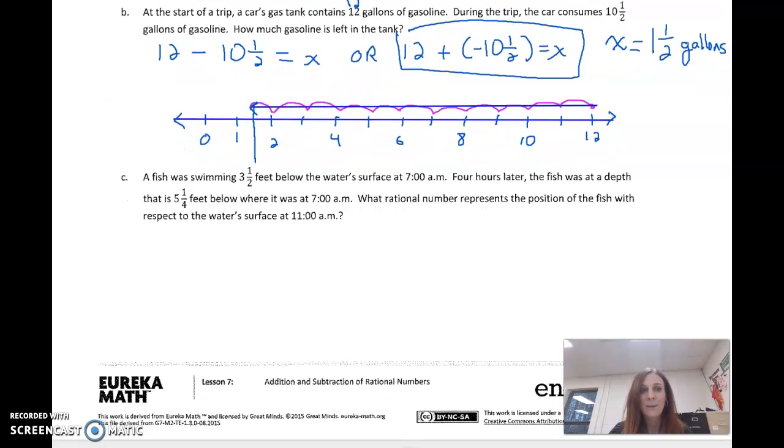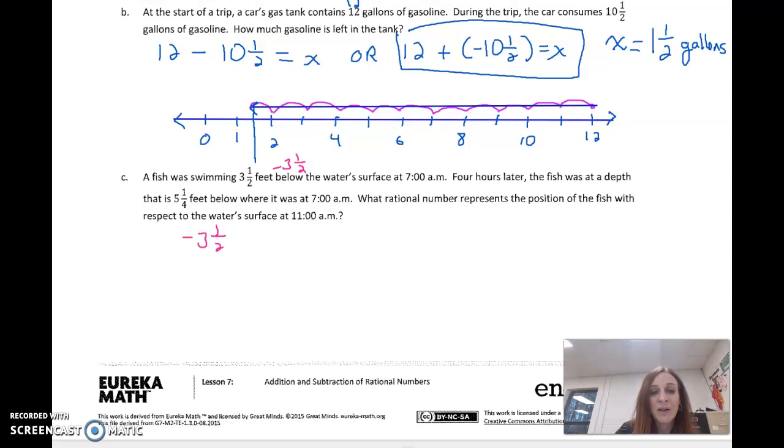One more. A fish was swimming 3.5 feet below the water surface. So that's negative 3.5 to me. 4 hours later, the fish was at a depth that is 5 1/4 feet below where it was. So again, we want to think of this one of two ways.